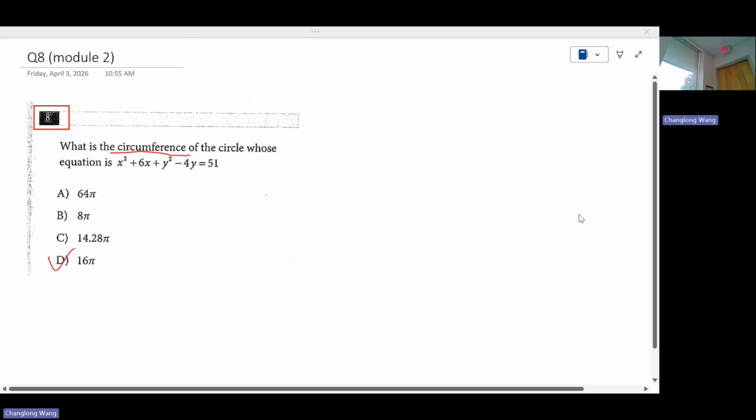I see that the edge of the circle is roughly around here, so it's close enough. If you think it's 7.5 or something like that, I guess it will still be good enough for you to figure out what to pick.